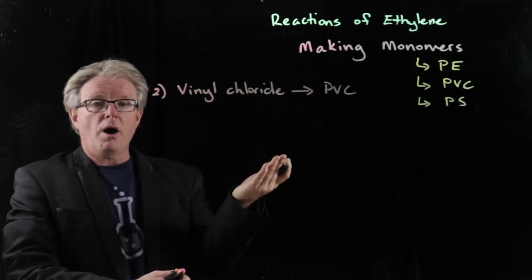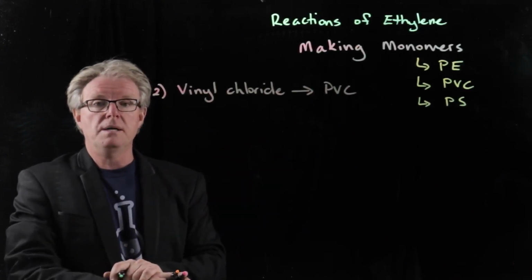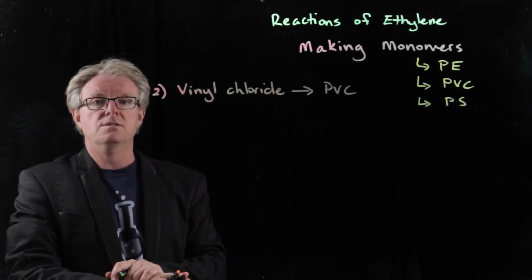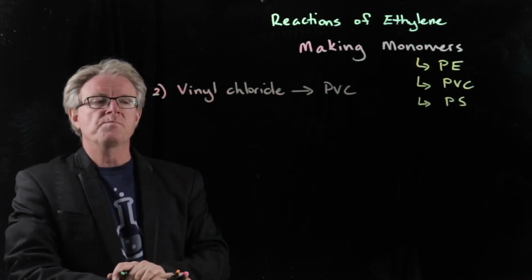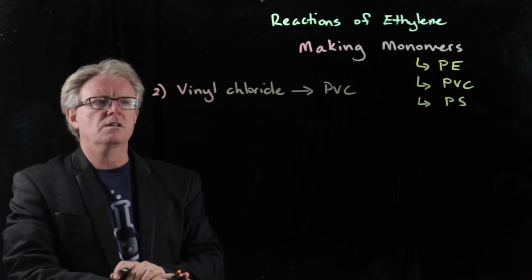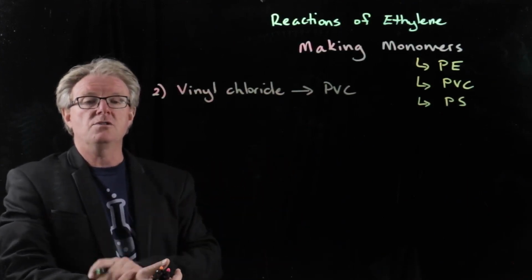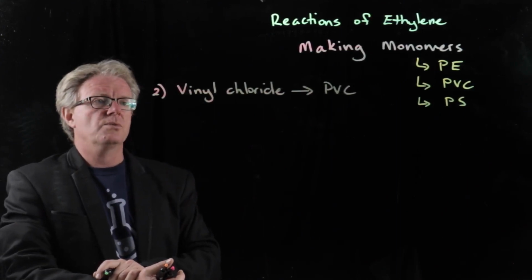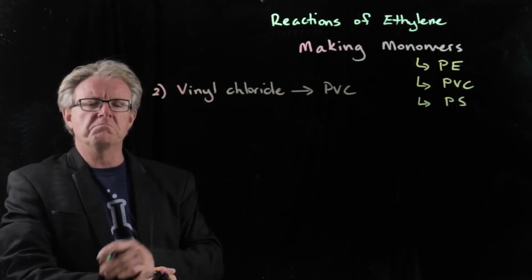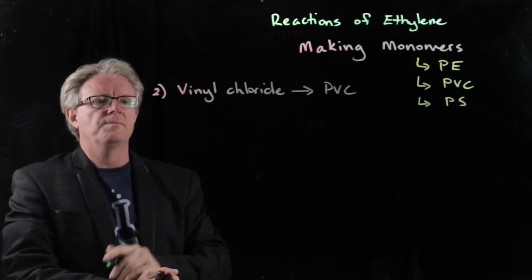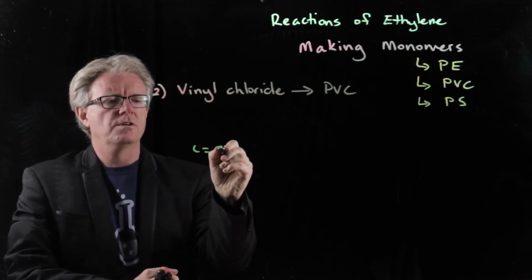PVC pipes, PVC piping around your house, guttering, are made of PVC, along with other things. We have PVC wraps that you can use. So what is the monomer that it's made from? Vinyl chloride. So let me draw vinyl chloride for you.